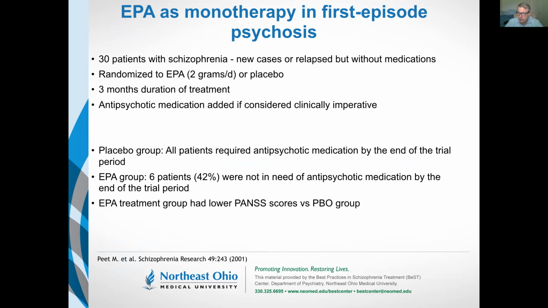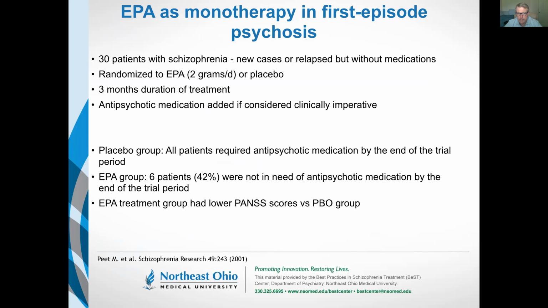There are a couple of interesting studies where people have looked at just using EPA as a monotherapy in schizophrenia. One of these studies was by Peet, and they found that people who got 2 grams of EPA had a decreased need for medication by the end of the trial.